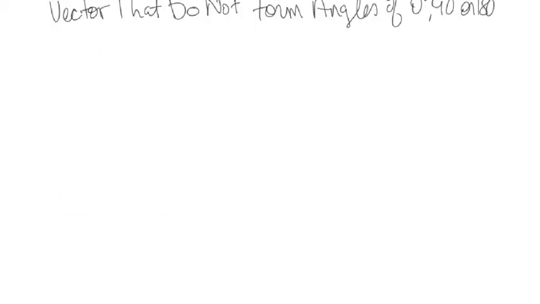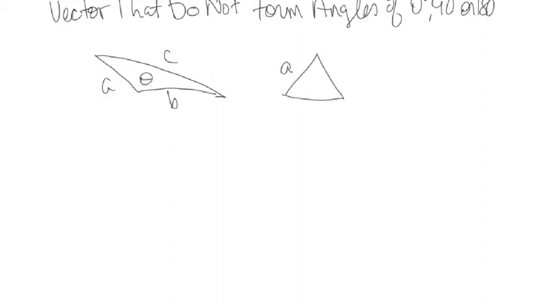Okay, let's move on to vectors that do not form angles of 0, 90, or 180 degrees. In those particular situations, the triangle may look something like this. We have side A, side B, side C, and angle theta. Or something like this. Side A, side B, side C, and angle theta.